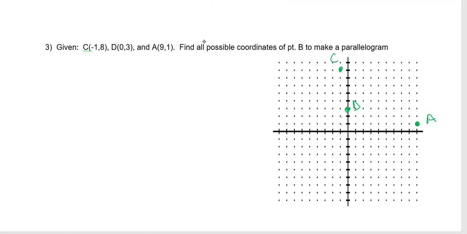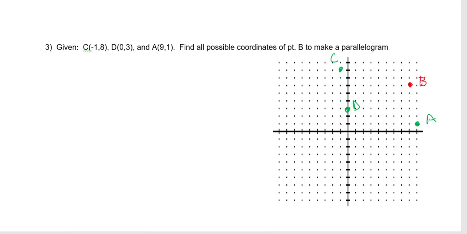Now, here's where things get kind of interesting, because it didn't specify the order of the letters. So I could do C, then D, then A, and then I know that this last one, let's call it B, would have to be somewhere around here.